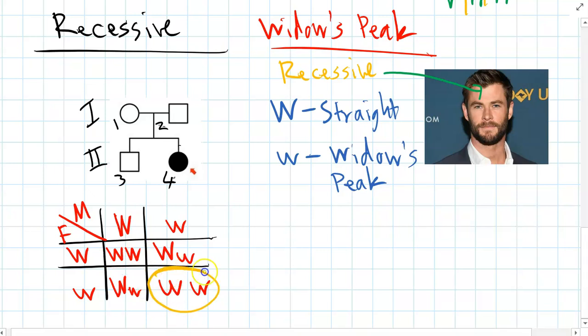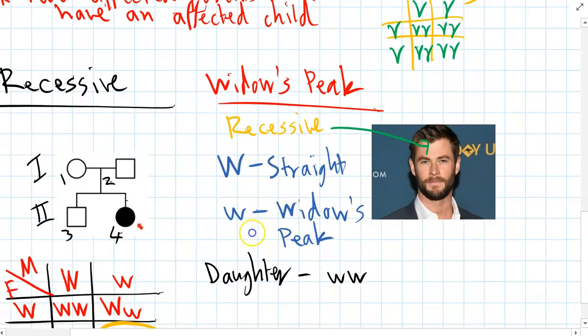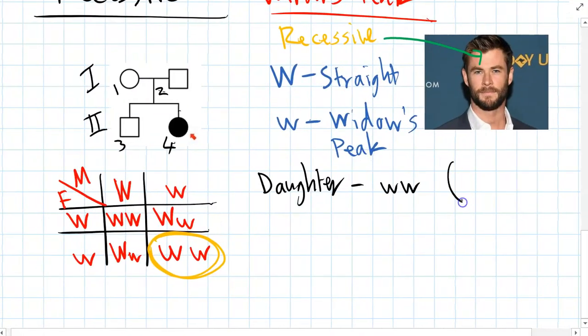So the daughter, we can prove for sure, she has to be homozygous recessive. She has widow's peak as the trait.